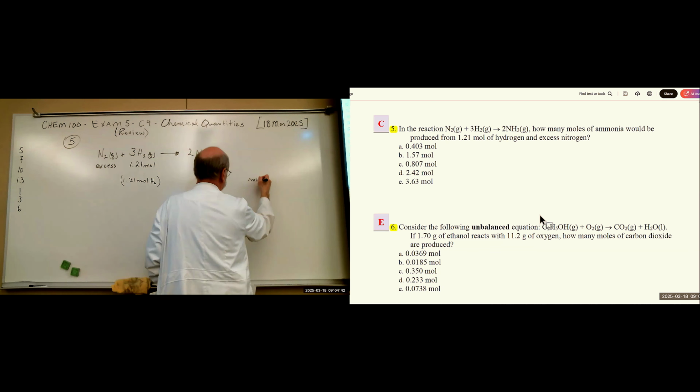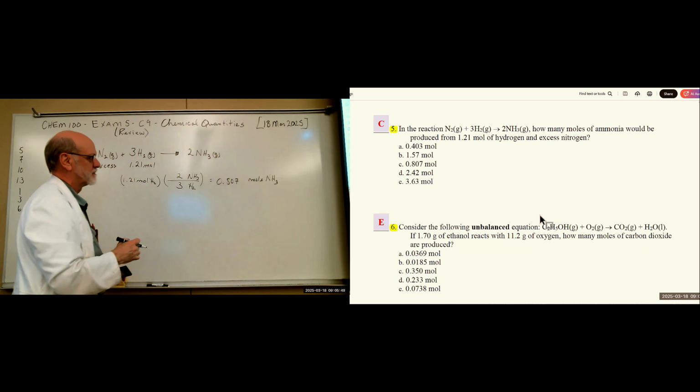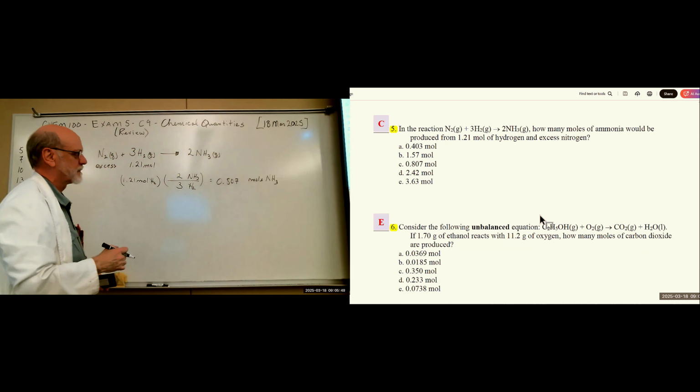So we've done all the thinking. The rest is just number crunching. 1.21 times 2 divided by 3 is 8.07. Excuse me, I watched my decimal point. 0.807. There we go. So that would be C. That would be our answer.